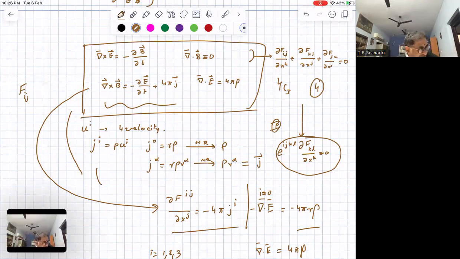So basically what I have done is I have introduced you to the electromagnetic field tensor, which contains all the information about the electromagnetic field. I have introduced the four current density through which you can talk about the interaction of matter and field. Now, the reason why all this is important is that in relativity in general and general relativity in particular, the source is not just mass density, but the energy density.